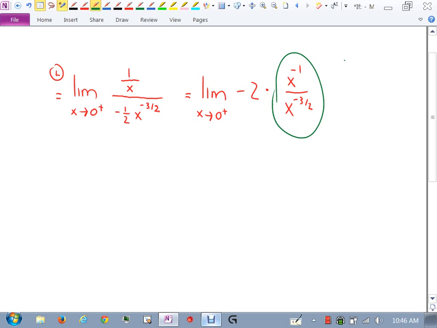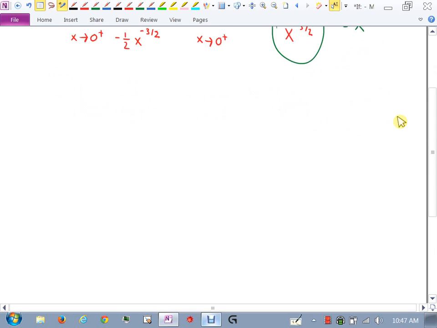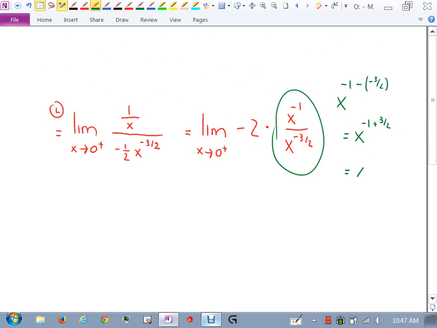So I subtract, right? It's going to be x to negative 1. Take away what? Careful here. Negative 3/2, which is the same as x to negative 1 plus 3/2, which is what? X to the half. What's x to the half?